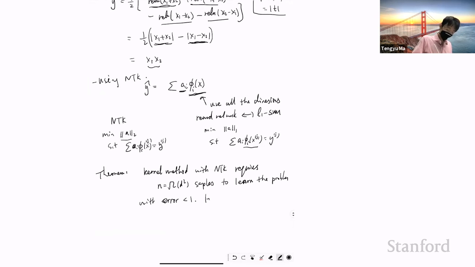And in contrast, a regularized neural net only needs n equal to O(d) samples.